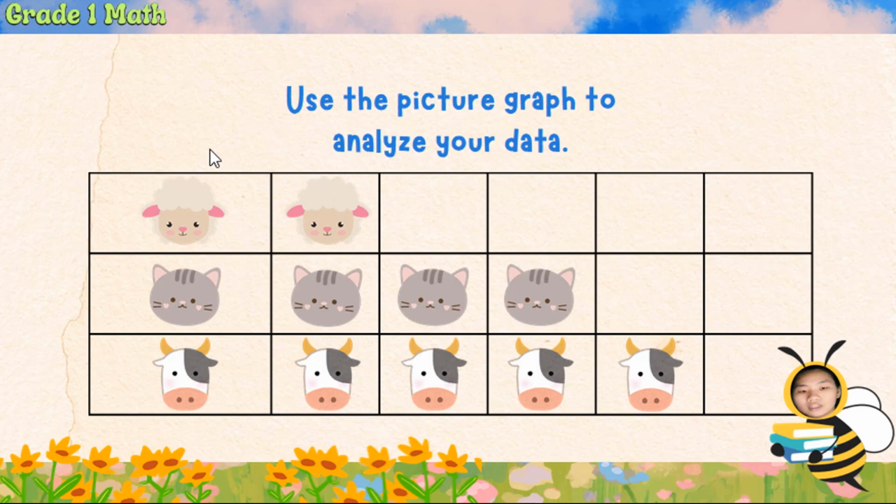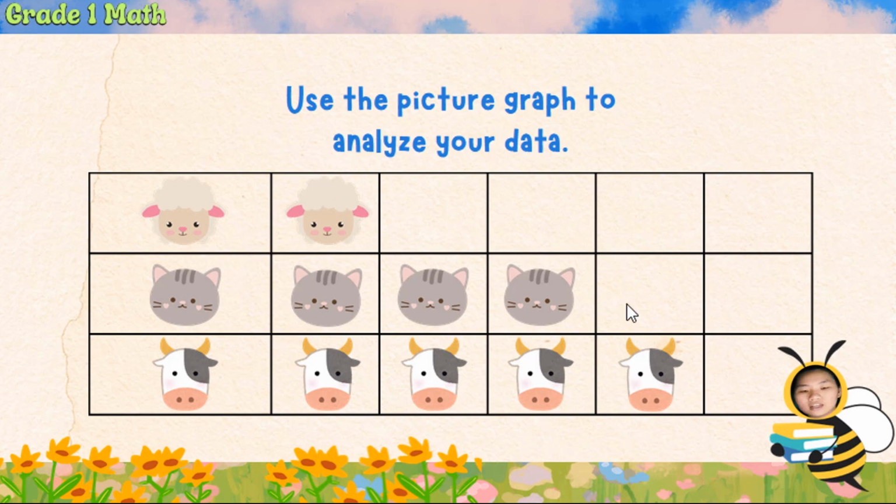Now, we have sheep, cat, and cow, 3 animals. How many people picked sheep? Only 1. How many people picked cats? 3. What about the cow? How many people picked cows? 1, 2, 3, and 4.